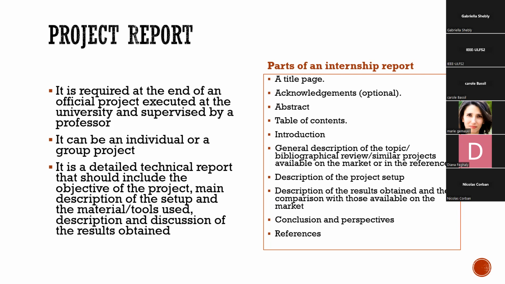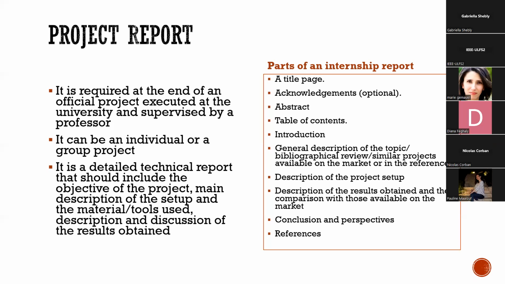So we have a general description of the topic, and then a bibliographical review, talking about similar projects or items or whatever we know on the topic. Then the project setup, so it's either the material or if it is a software project, you have the softwares that you are going to use, you have to describe them and so on.